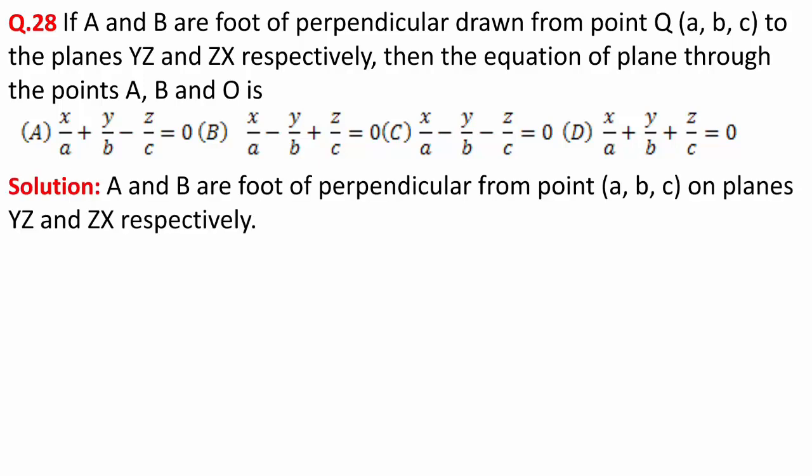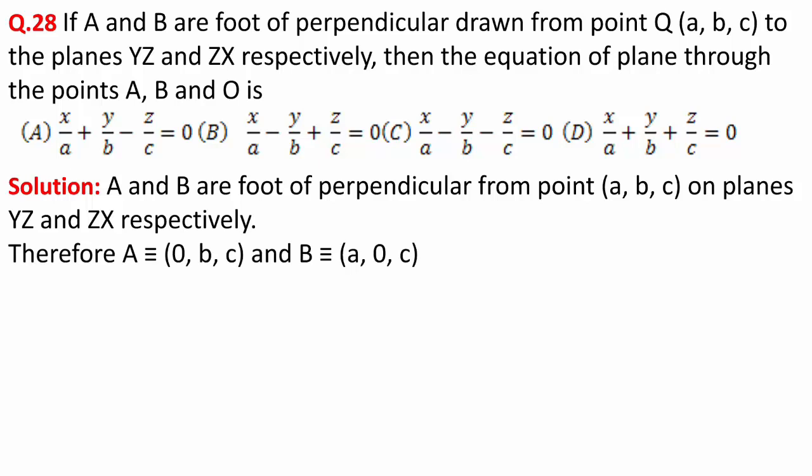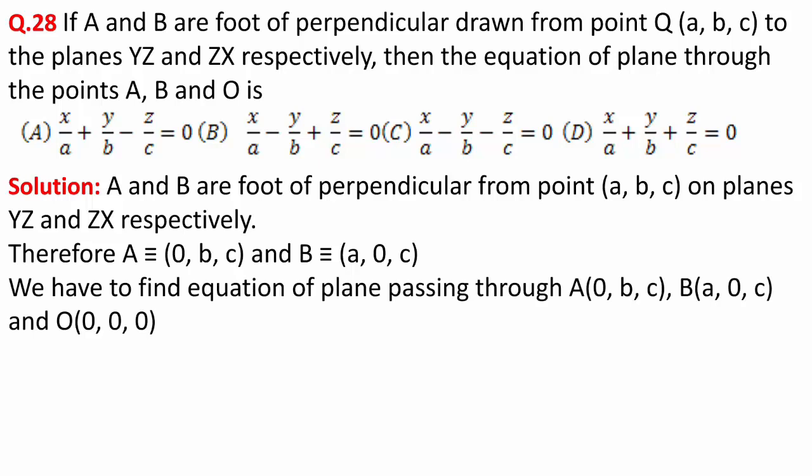Solution. A and B are the feet of perpendiculars of the point (a, b, c) on the planes YZ and ZX respectively. Therefore point A is (0, b, c) and point B is (a, 0, c). Now we have to find the equation of the plane passing through the points (0, b, c), (a, 0, c) and O (0, 0, 0).